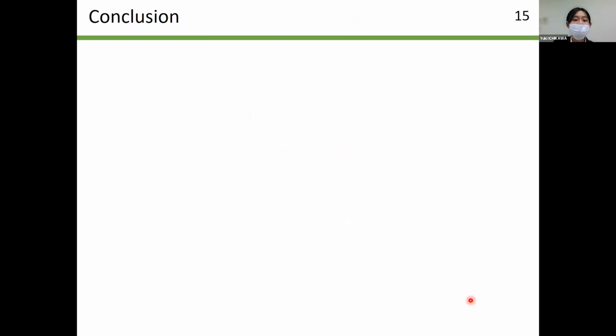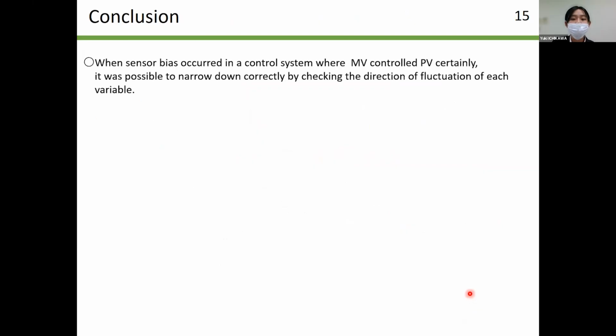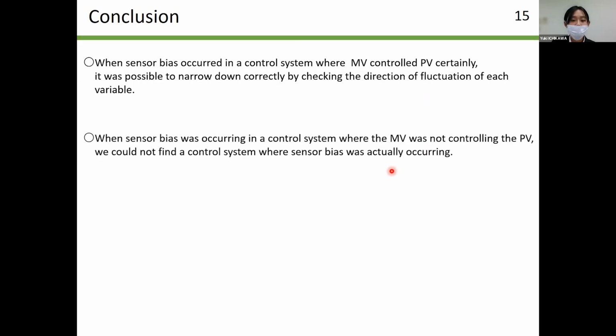Conclusion. When sensor bias occurred in a control system where MV controlled PV certainly, it was possible to narrow down correctly by checking the direction of fluctuation of each variable. On the other hand, when sensor bias was occurring in a control system where MV was not controlling PV, we could not find a control system where sensor bias was actually occurring.